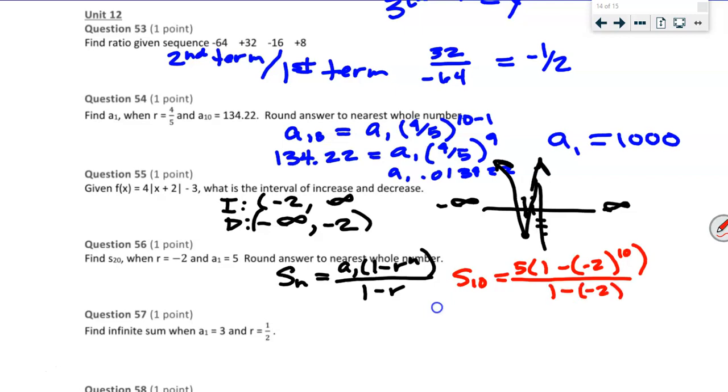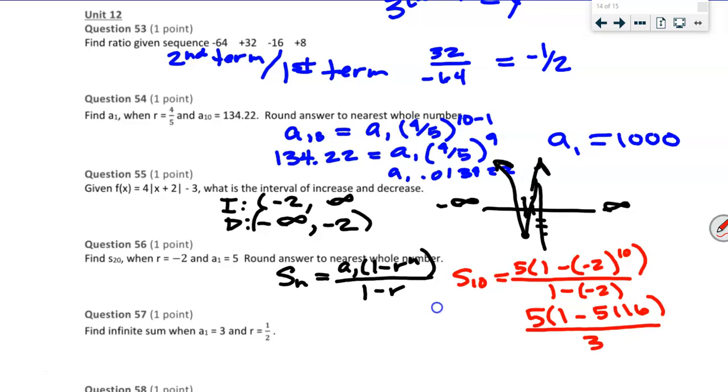So when I do this problem, I'm going to get 5 times 1... I don't think I wrote down the number, y'all, what that was. Divided by 3 down there? No, actually it couldn't have been that.